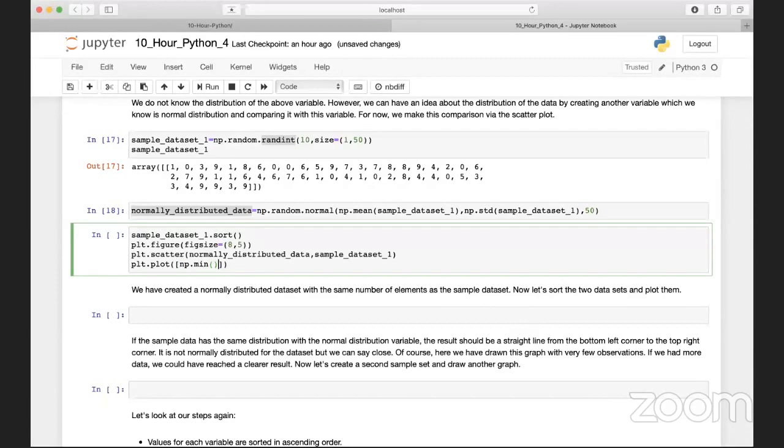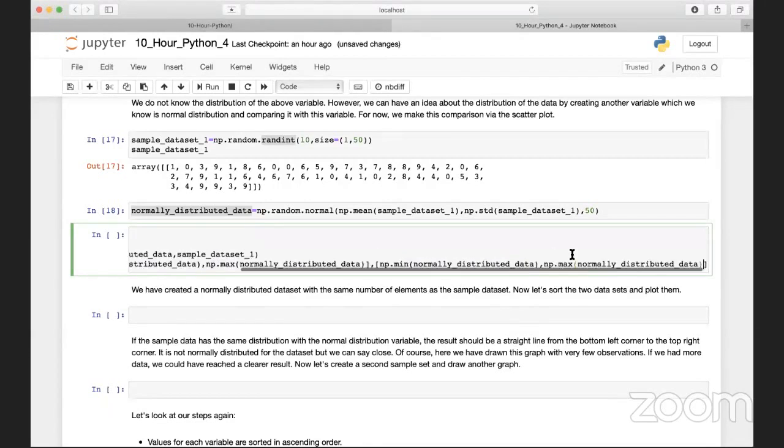I basically calculate the minimum value of the normal distributed data and the maximum value of the normal distributed data, because these are the lower bound and the upper bound of the points of the 45-degree line. Then the same thing here, I just copied this whole part and pasted it here.